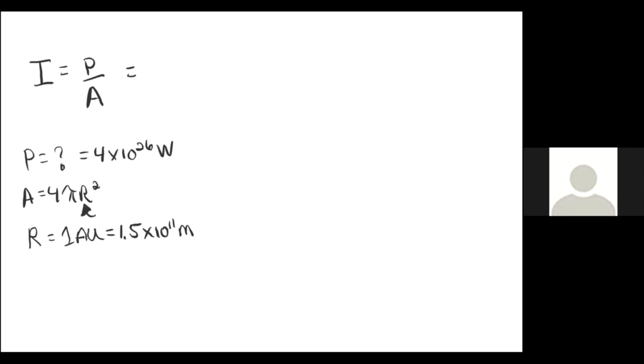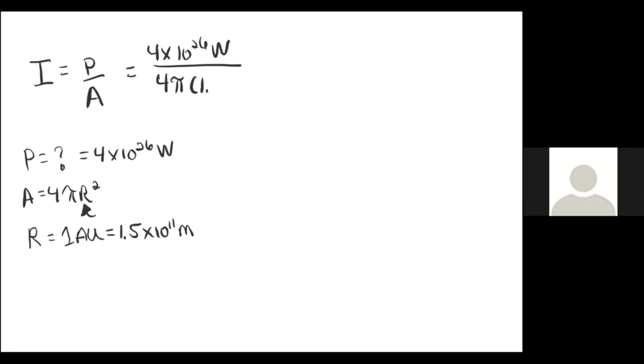We needed the power of the source, and we needed the area that that source is going to be emitting through, which at our location is going to be a surface area of a sphere at a distance of r. Okay, so this power was the luminosity of our sun, 4 times 10 to the 26 watts. And then we're going to divide that by the surface area through which that light is going through, 4 pi and then r squared.